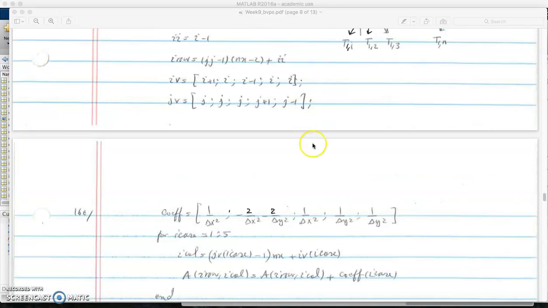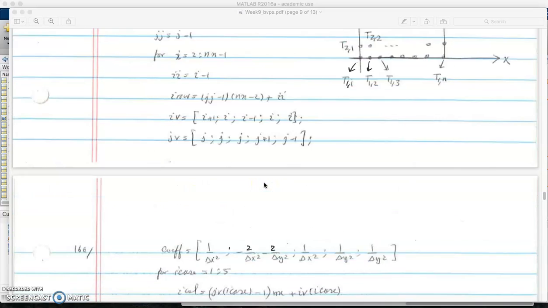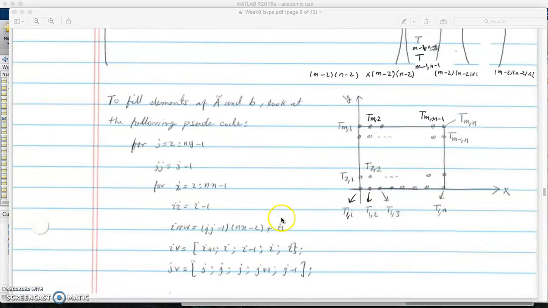And the coefficient is 1 over del y squared in this vector. So I have 3 vectors. One shows the I index or the x index of the contributing terms. This is the j index of the contributing terms, and this is the coefficient. Then I have to go back to this matrix and figure out which column I have to put these coefficients.